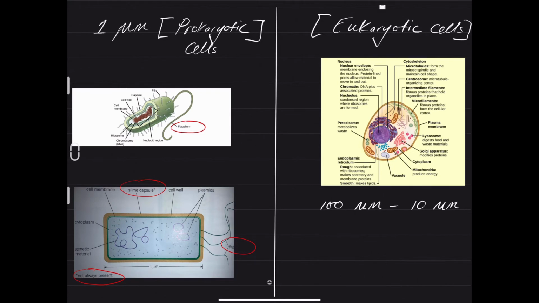So just be aware of the size comparison of your bacterial cells compared to plants and animal cells. Your bacterial cells are many times or order of magnitude smaller than your animal cells or plant cells.